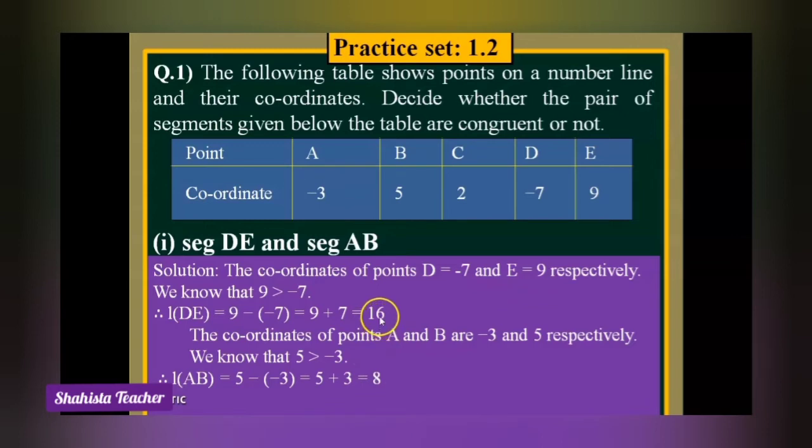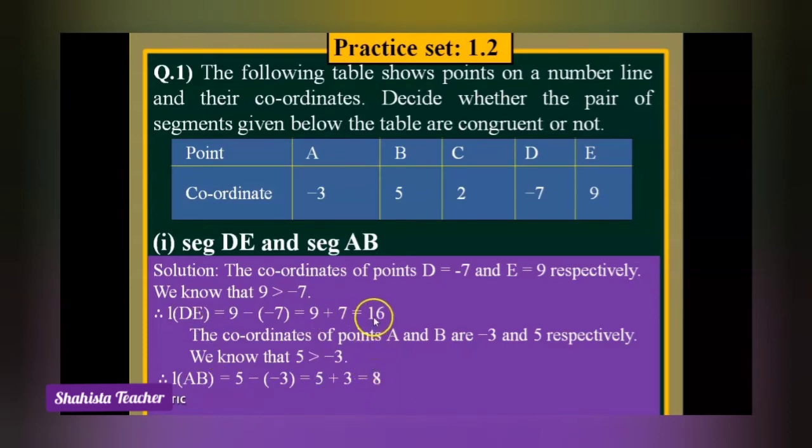Now here we have length of DE equal to 16 and length of AB equal to 8. Are both equal or not equal? You're right, they both are not equal, because AB is 8 and DE is 16.